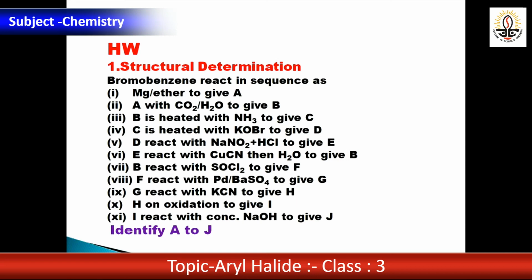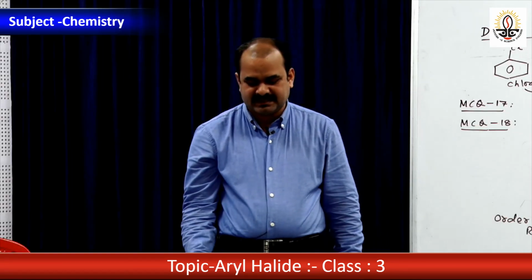Then D reacts with NaNO2 and HCl, undergoing diazotization to give E. E reacts with CuCN, cuprous cyanide, then hydrolysis gives B. It undergoes Sandmeyer's reaction.